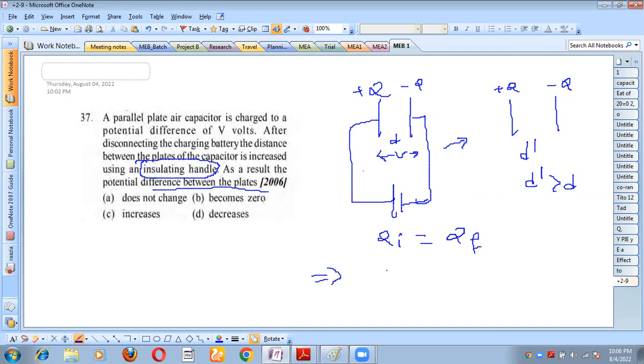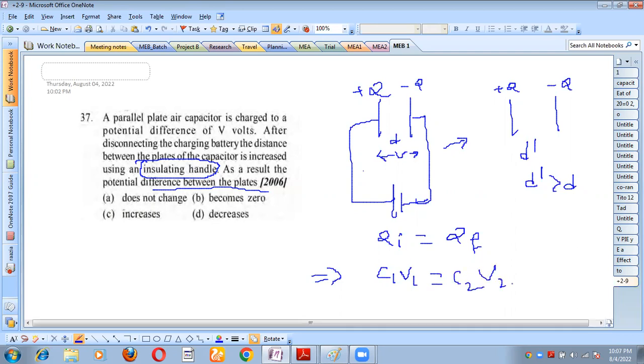So with C1 and initial potential V1, and C2 and final potential V2, V2 will be equal to C1 V1 upon C2.